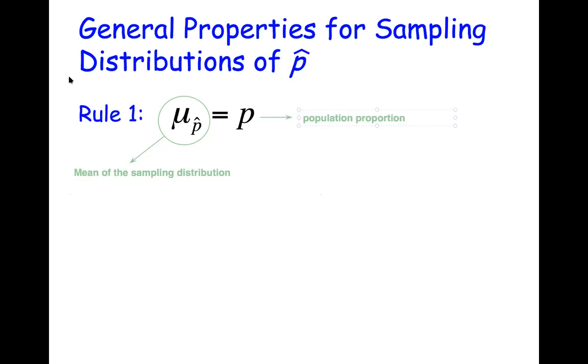So for example, if we were to do our activity, I wanted you guys to flip a bunch of coins and find the probability that it lands on heads. What would happen is you would have a distribution like so. Let me see if I can draw this out. You would, oh, that's not a good start. All right, so you end up with a distribution like this, with a bunch of P hats.